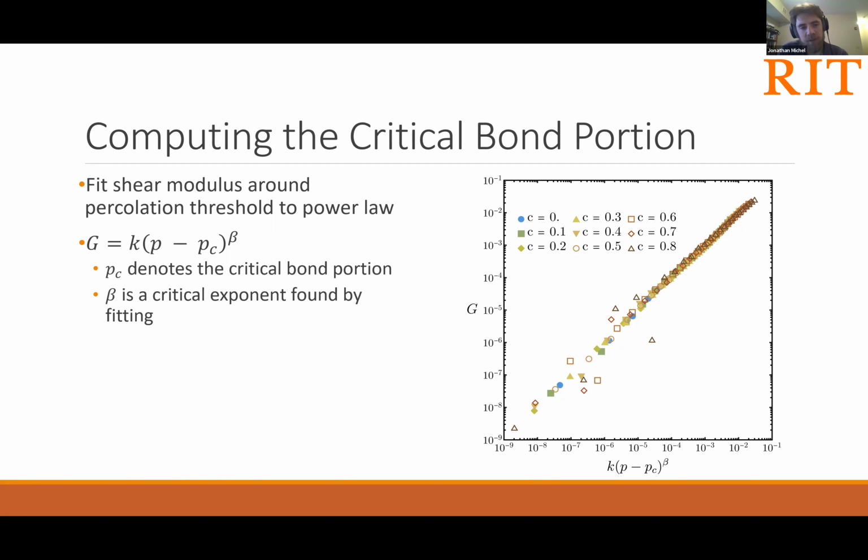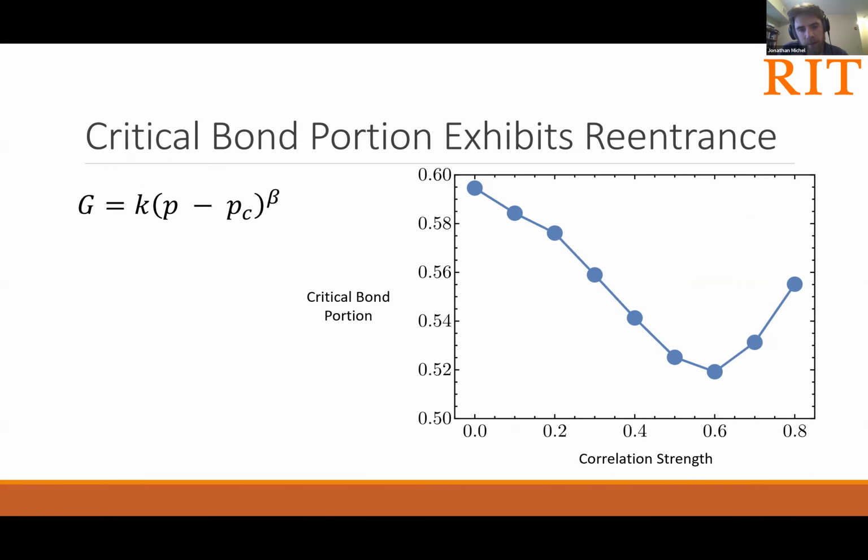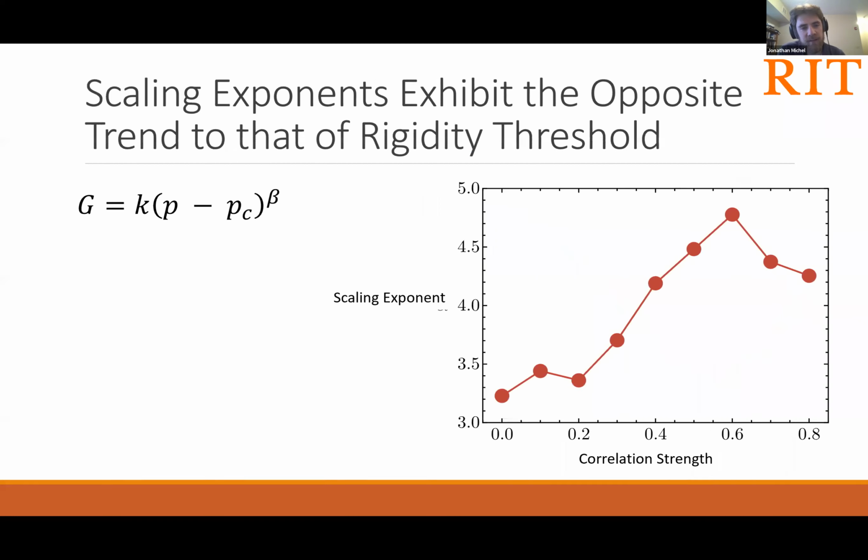Now, using this quantitative model, we once again recapitulate the behavior that we picked out by inspection, showing the scaling of the critical bond portion versus the correlation strength. But interestingly, the scaling exponent exhibits the opposite behavior.